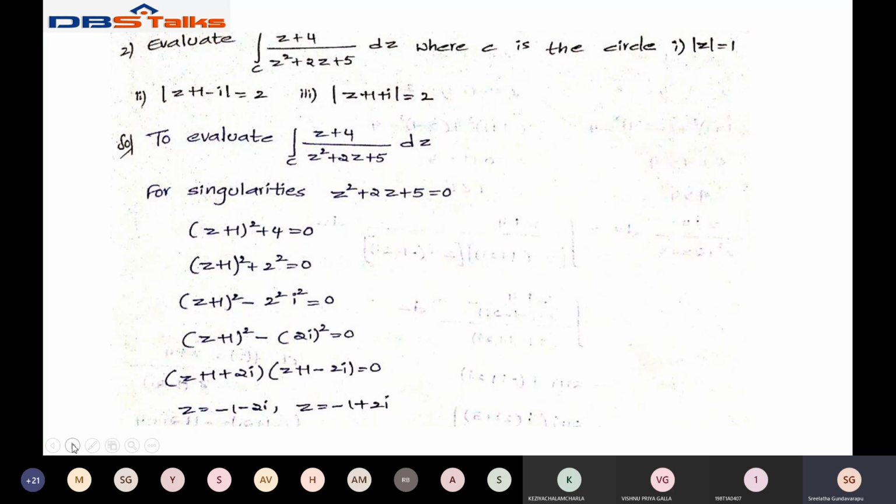So this is minus 2 square i square equal to 0. This is a square minus b square, so it can be written as a plus b into a minus b. That is z equal to -1 minus 2i and z equal to -1 plus 2i. These are the two singularities of z square plus 2z plus 5 equal to 0.